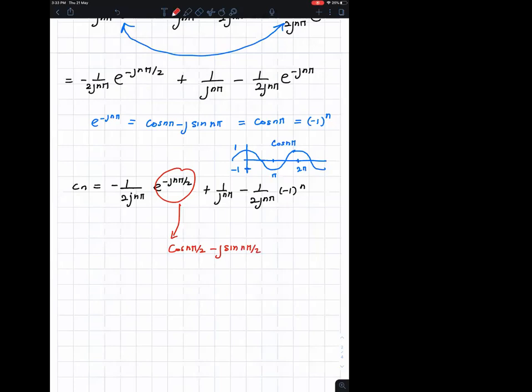Cosine of multiples of pi over 2 is going to be always 0.